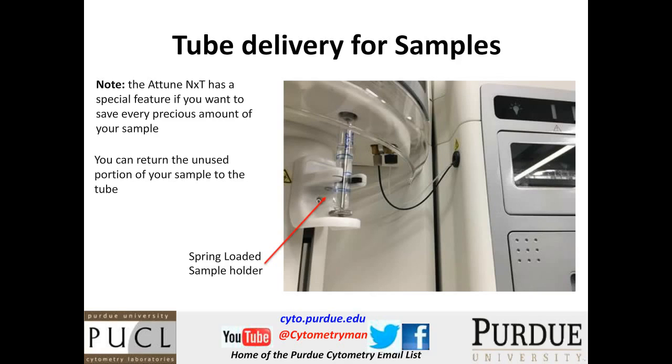What's interesting about this system is that in my lab we run a lot of plates on the plate reader, and one of the things the staff like to do, instead of using a well on the plate to set up the instrument, is the more traditional way: take some sample, put it in a tube, put the tube in the machine, and run that tube, set up the voltages, get everything right, and then they're happy that they can switch over, put their plate in, and go.